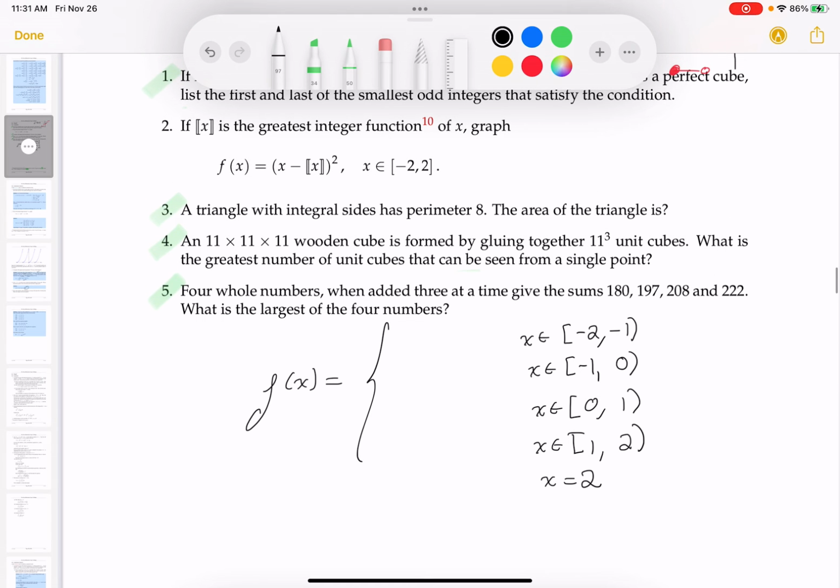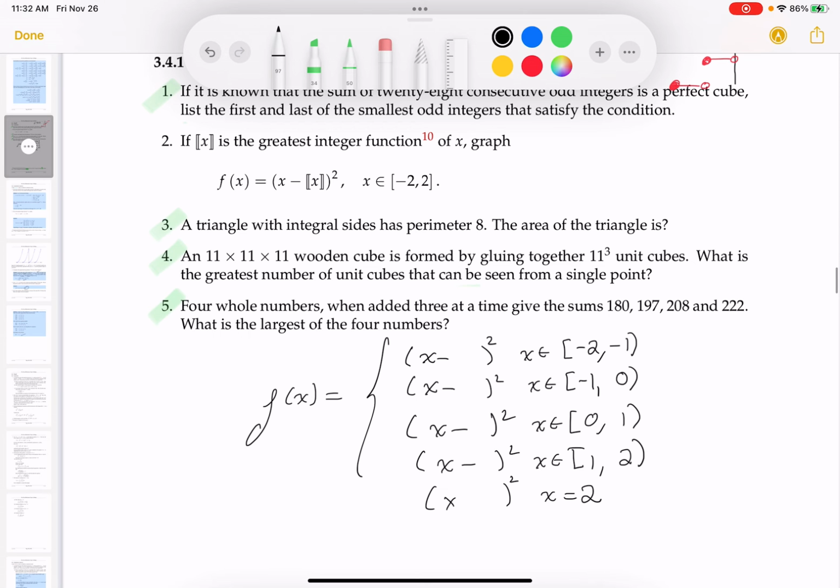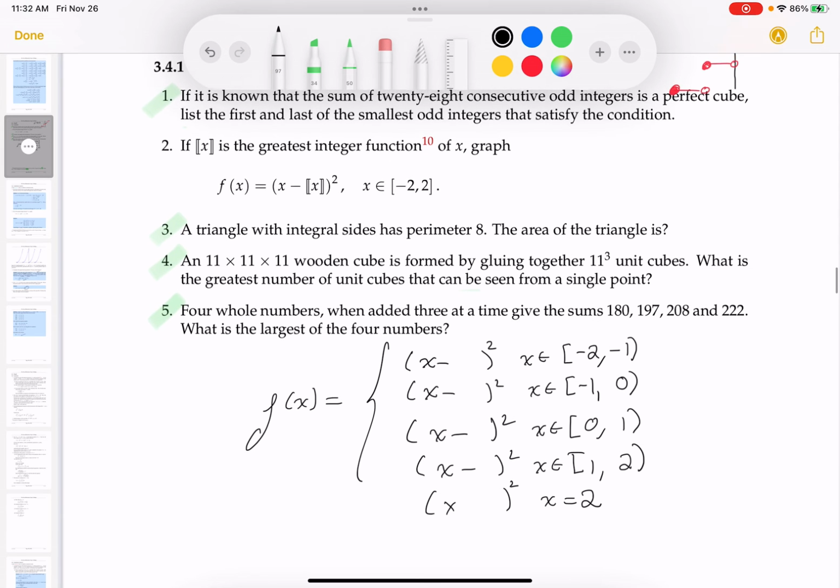Now what's going to be x minus, well, the integer function is going to be an integer. I just don't know what the integer is yet. I have to look at my graph. Again, I don't know what the integer is. I have to look at my graph. And I have to wonder what that's going to look like, right?